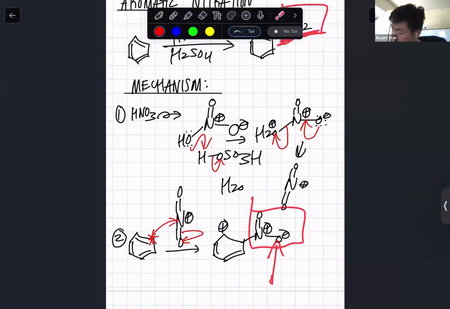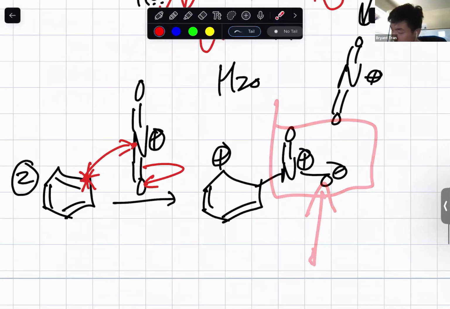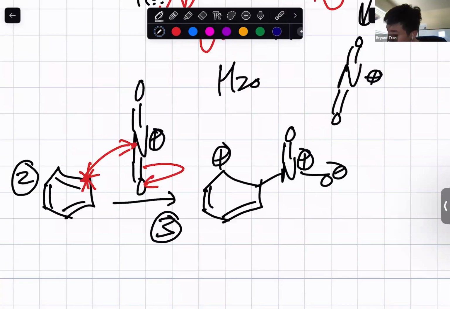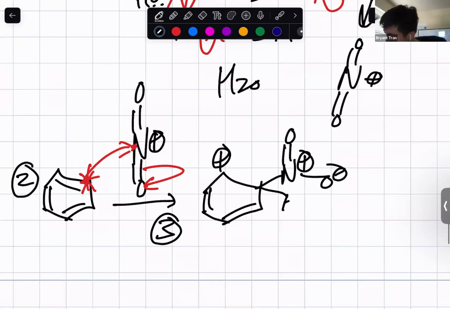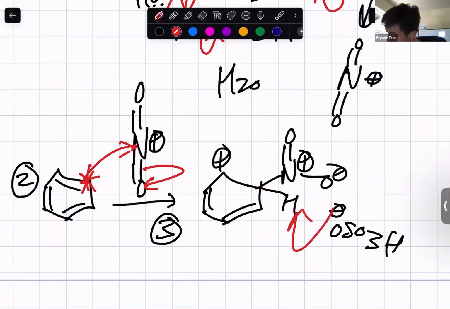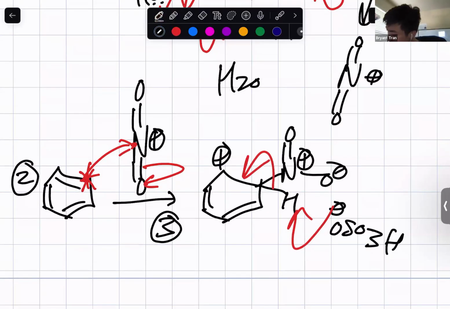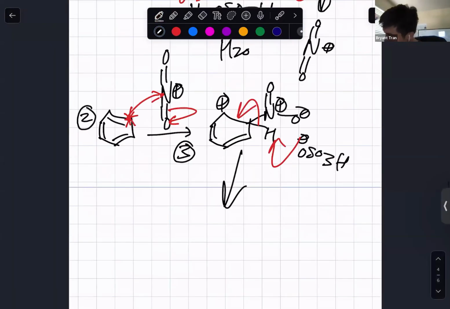Now, the third step here is to restore aromaticity using a base, and our base here is the conjugate base of sulfuric acid, which is gonna be that. So we're gonna do elimination by those 2 arrows, reforming our aromaticity here.